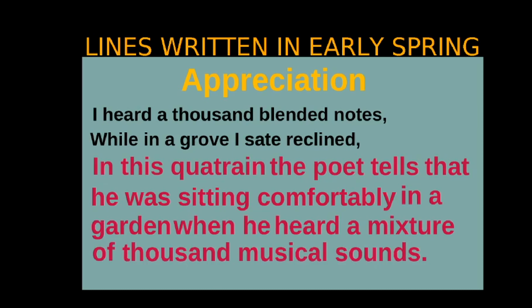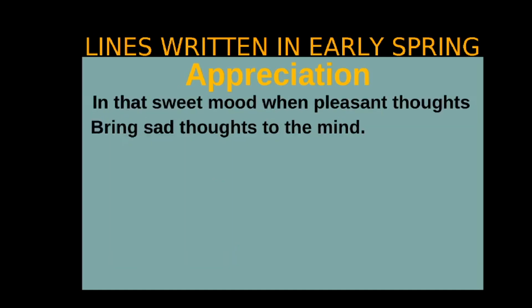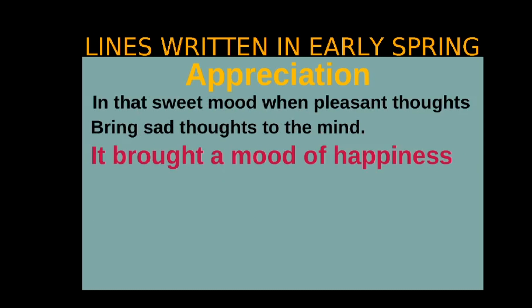So here the poet tells that when he was sitting in a garden, he heard a mixture of a thousand musical sounds. In that sweet mood when pleasant thoughts bring sad thoughts to the mind, it brought a mood of happiness in the mind of the poet.